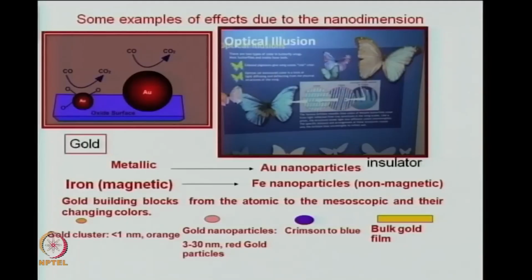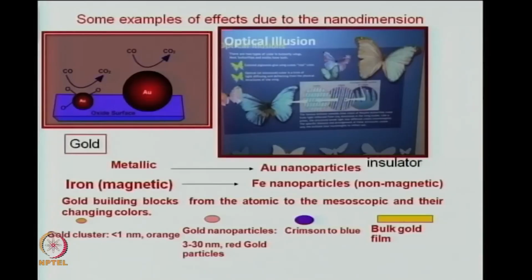This case of the butterfly is a natural nanostructured feature showing nanophotonics. However, you can make artificial surfaces which are nanostructured, and there also you can observe variation in the scattered wavelength of light depending on the distance between two nanostructured elements.